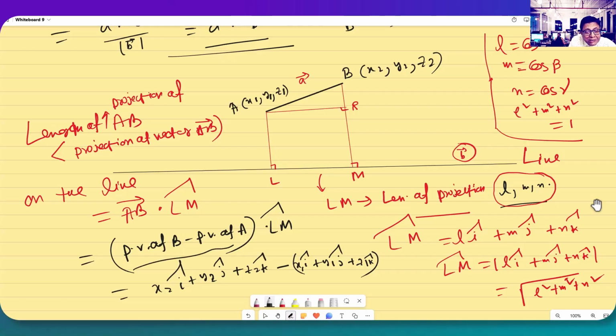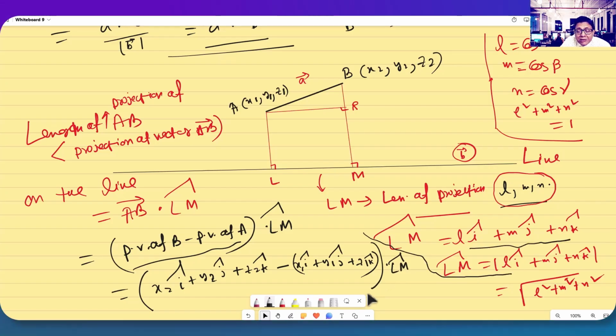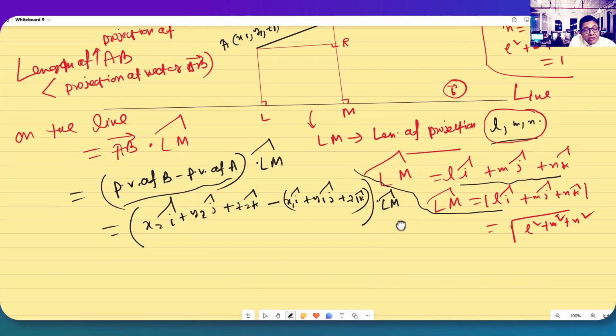We have written this thing here, no? This dot product with LM cap. LM cap we have found here, that is Li, Mj, Nk. We'll just put their values over there. Okay? So this you simplify first.